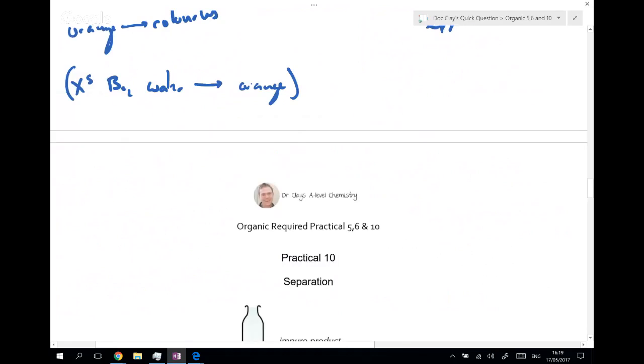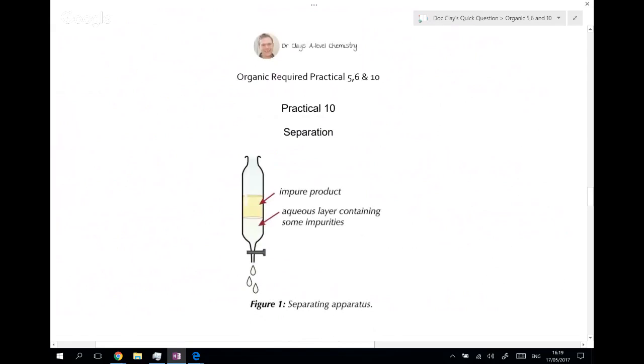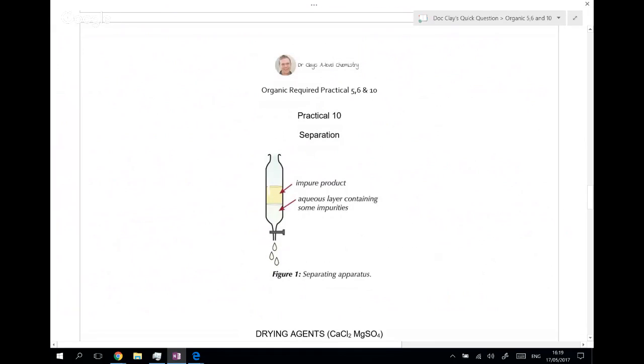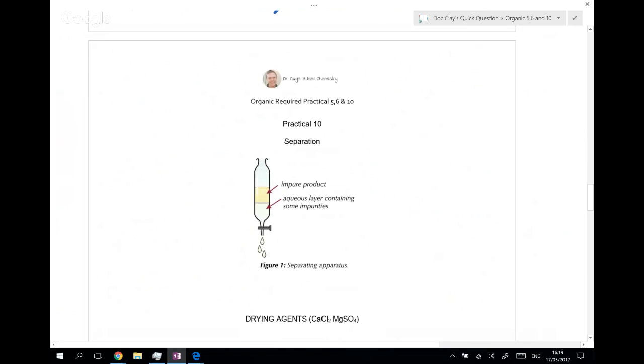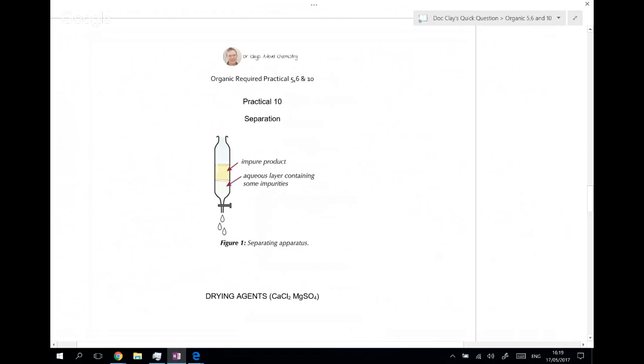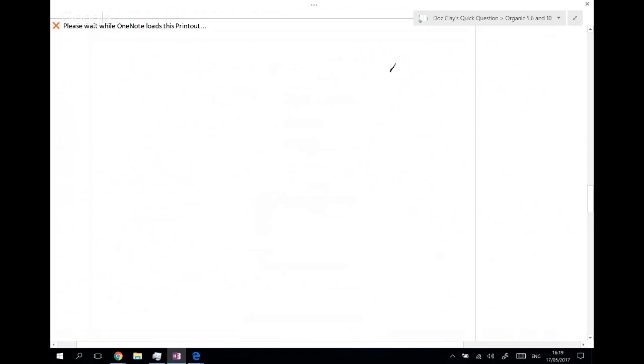Finally, then, practical number 10, which is from the year 2 course. The practical 10, you may well have seen this. You might have done something like making aspirin.